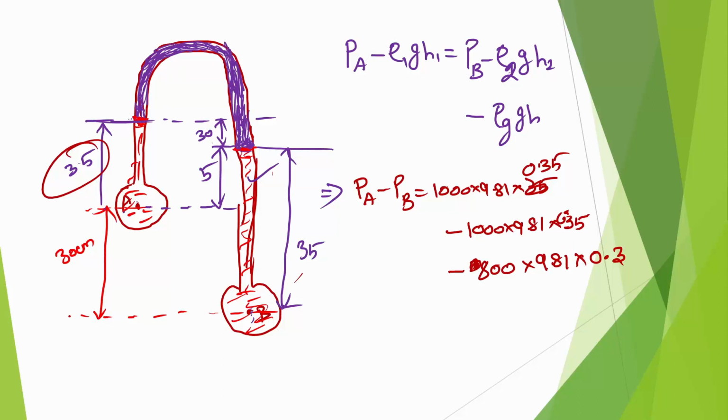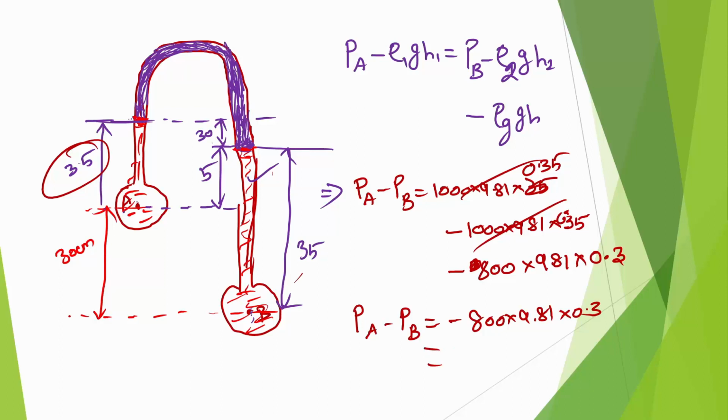So these are my values. So my PA minus PB is equal to 1000 into 9.81 into 0.35, 1000 into 9.81 into 0.35, cancelling each other. So I'll be ending up with minus 800 into 9.81 into 0.3.